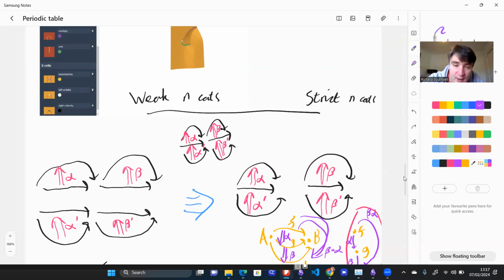And so it's interesting to consider another point on this spectrum here, something that we could call a semi-strict n category. More in particular, the kind of structure I think is particularly cool is something which is called an associative n category.